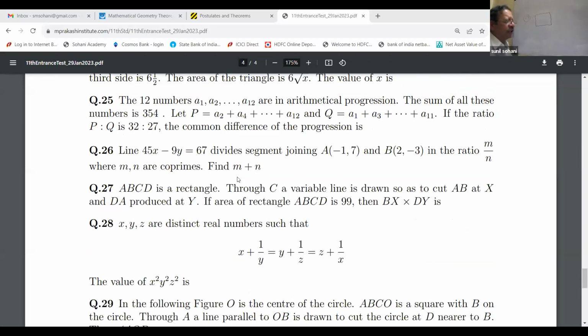Okay, I am referring to question 27. ABCD is a rectangle.